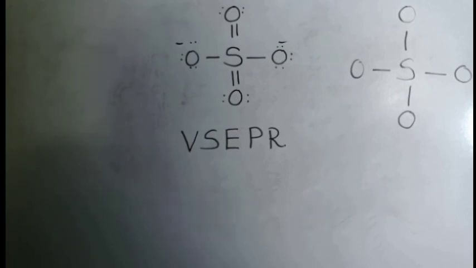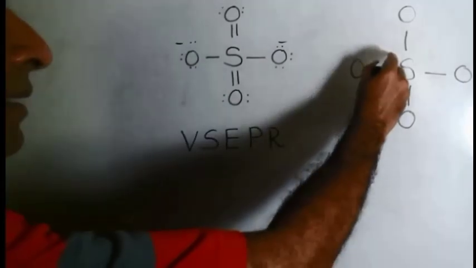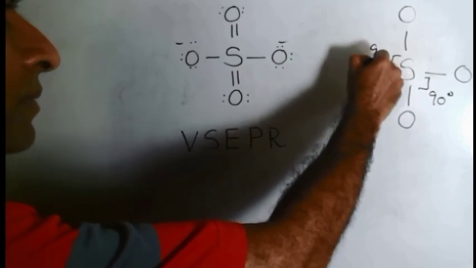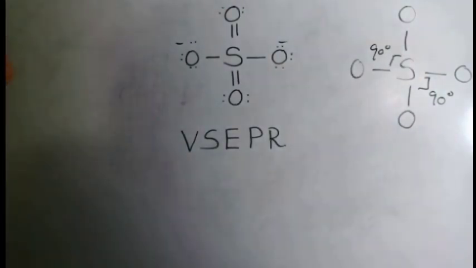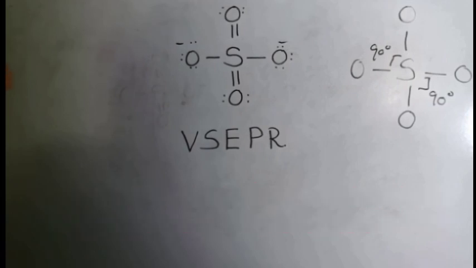So then we have to determine what is the best orientation when there are four repulsion units connected to the center atom. Now in this configuration, you can see they are at 90 degrees to each other. But this is not compatible because repulsion is higher among bonding pair units.